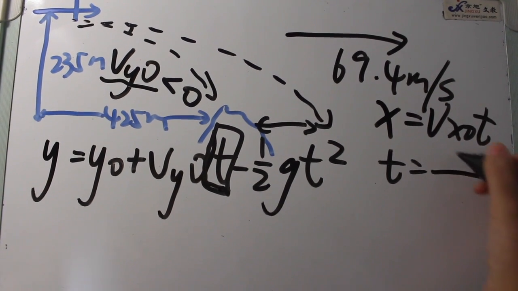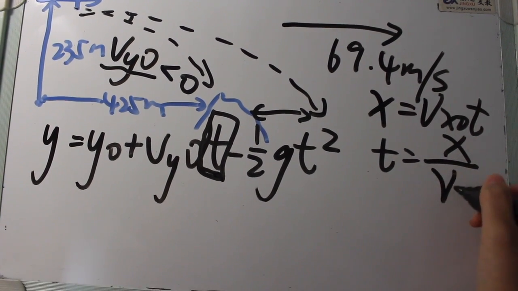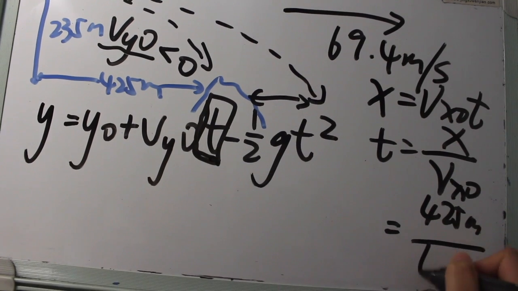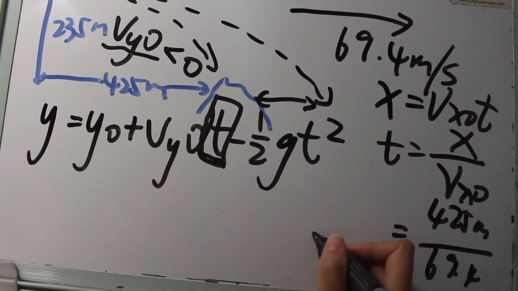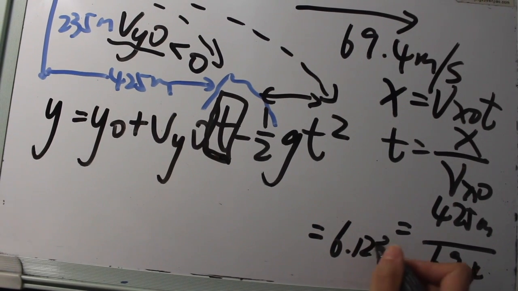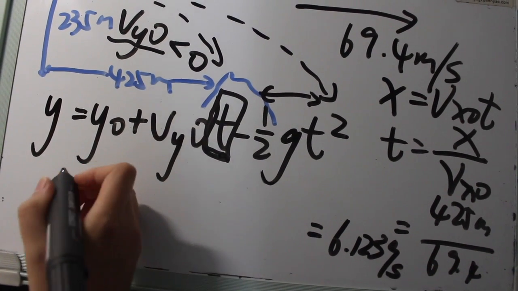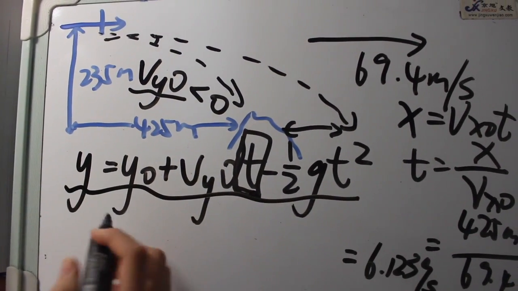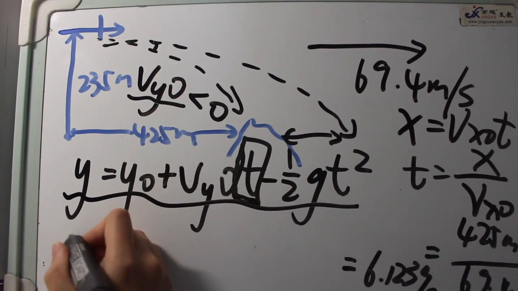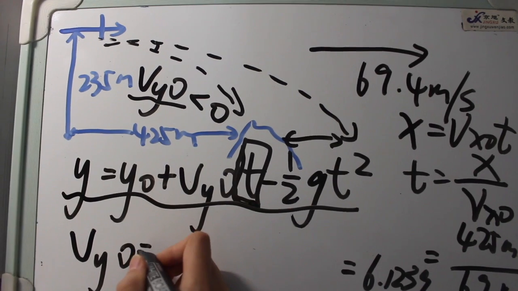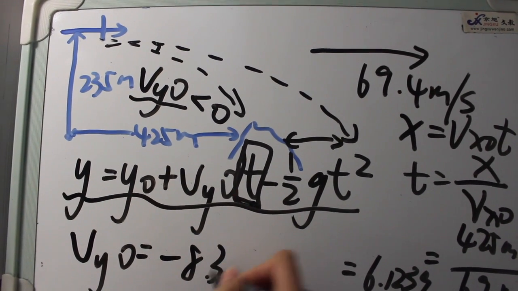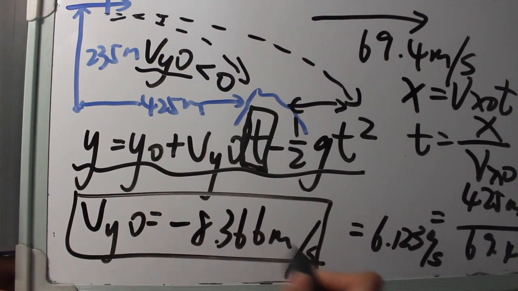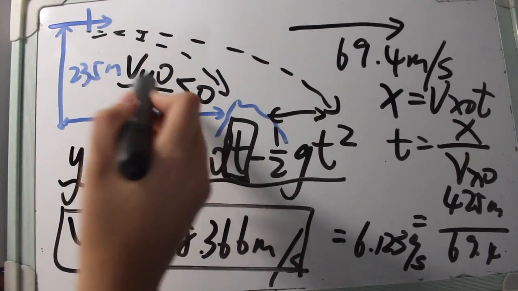T equals this one. And t equals 6.1239 seconds. And then we can calculate this. The result of Vy0 is minus 8.366 meters per second. Then this is the Vy0 we want.